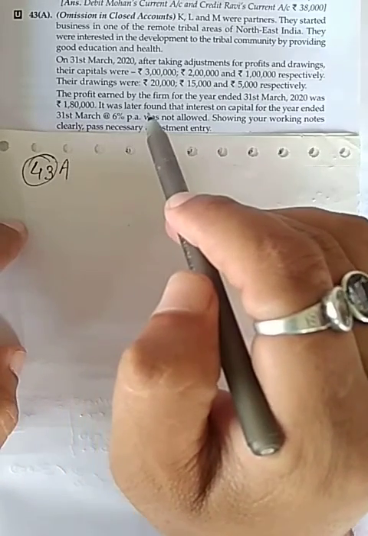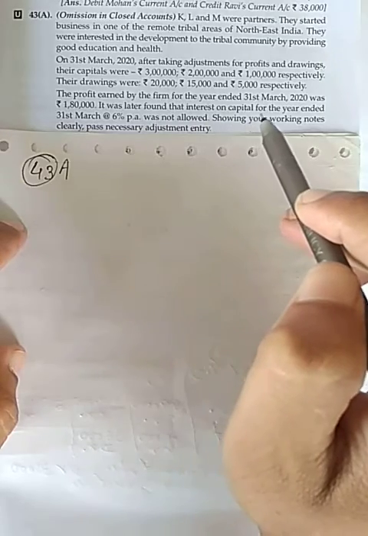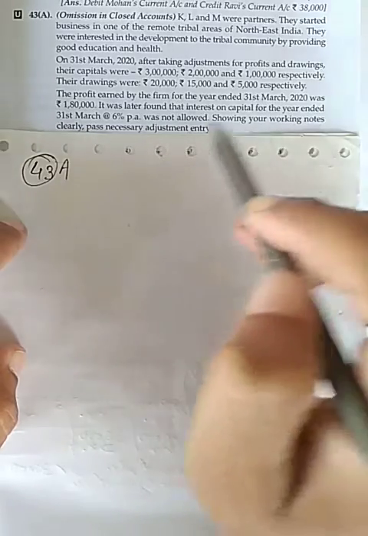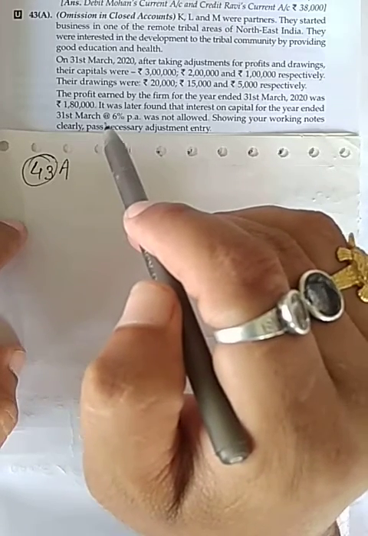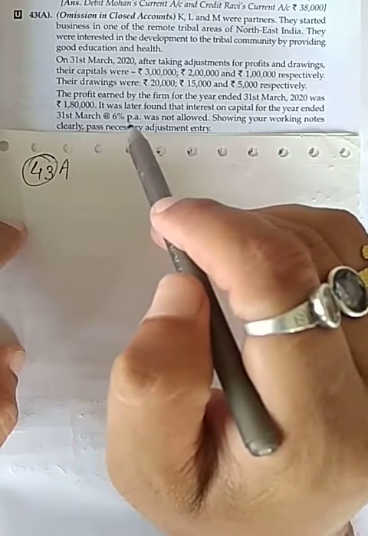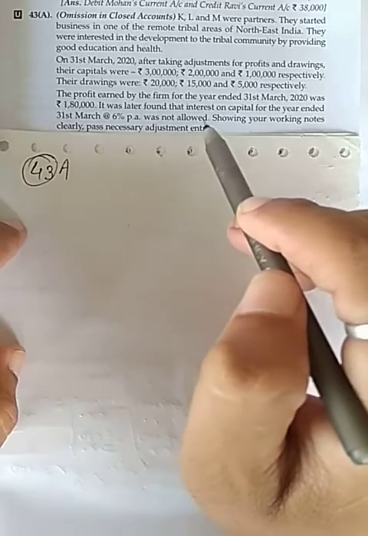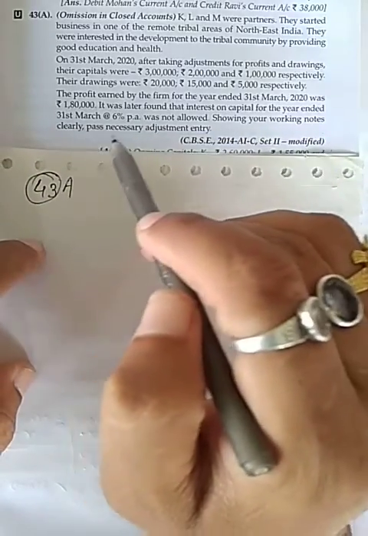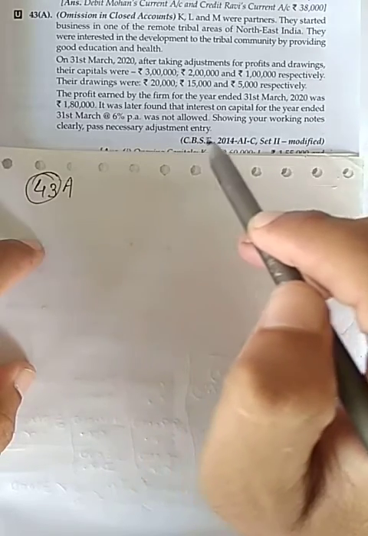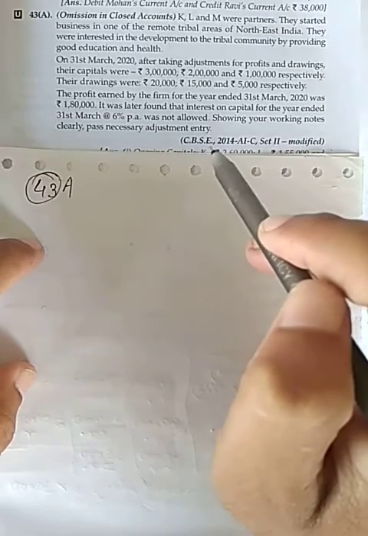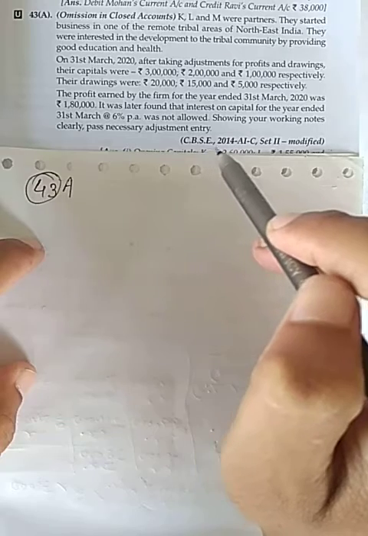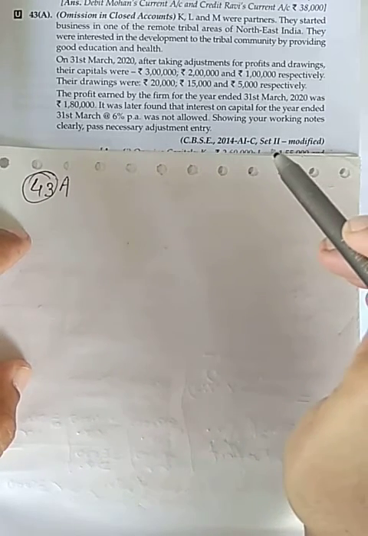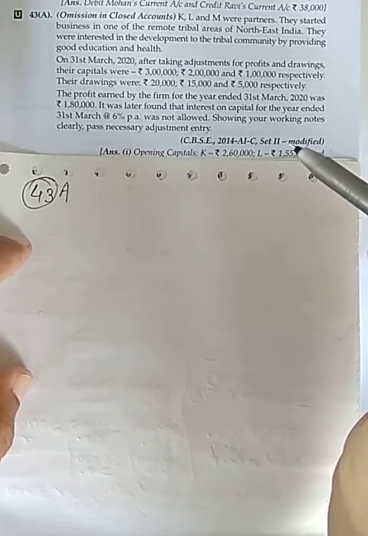It was later found that interest on capital at the rate of 6% per annum was not allowed. Showing your working note clearly, pass the necessary adjustment entry. This question was asked in CBSE 2014 All India Compartmental Exam, Set 2.